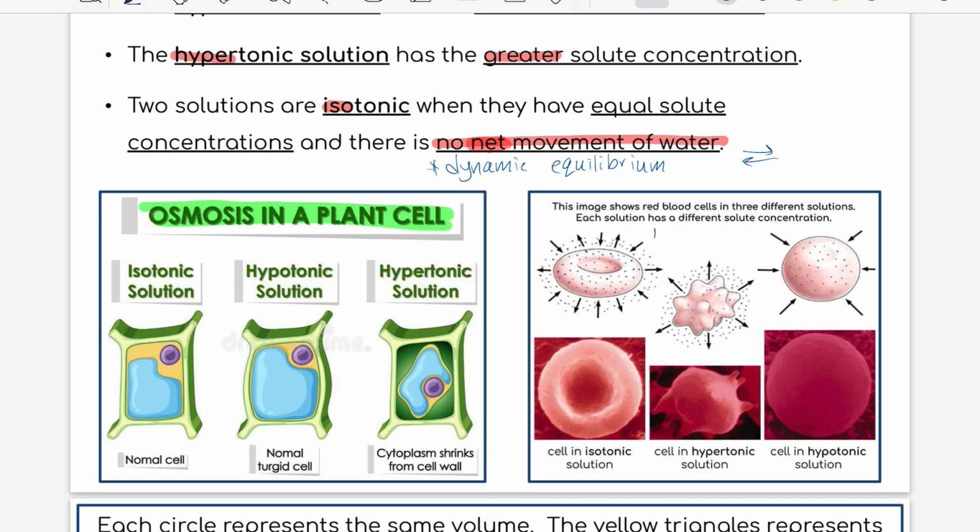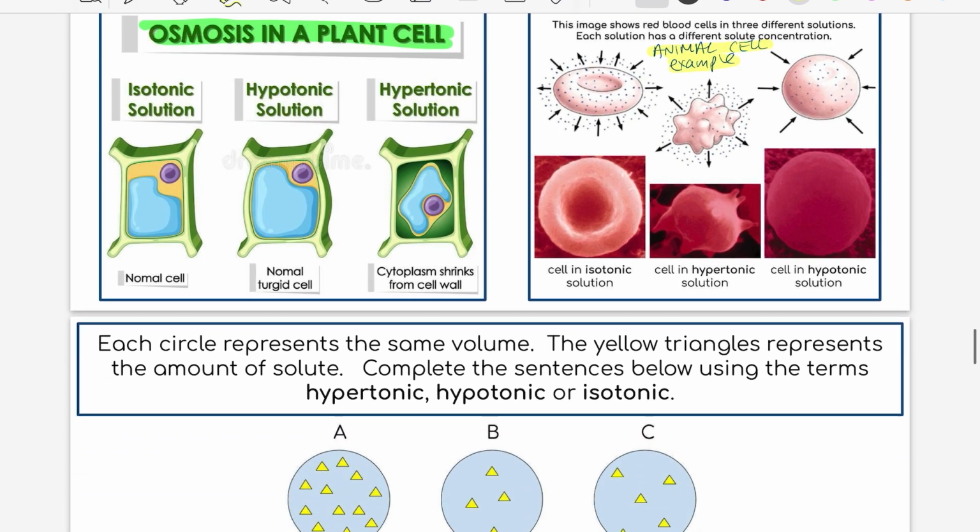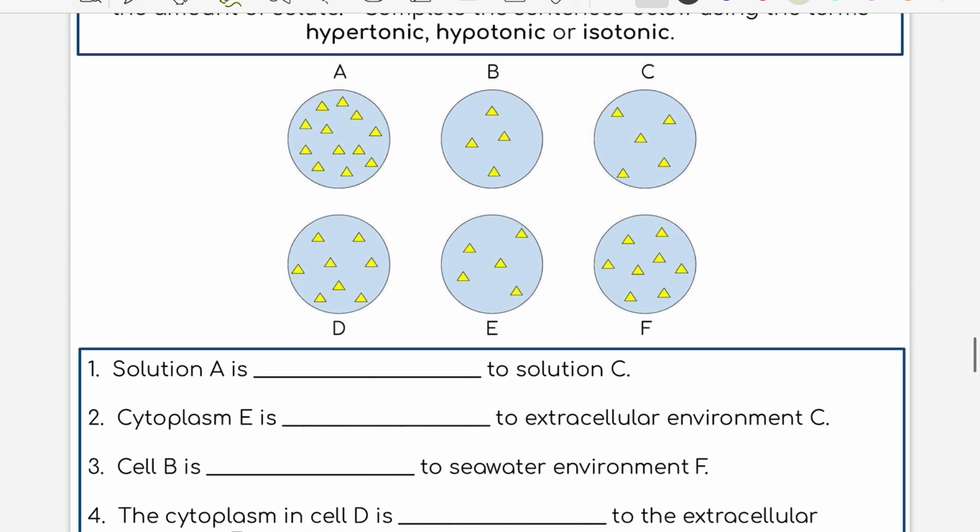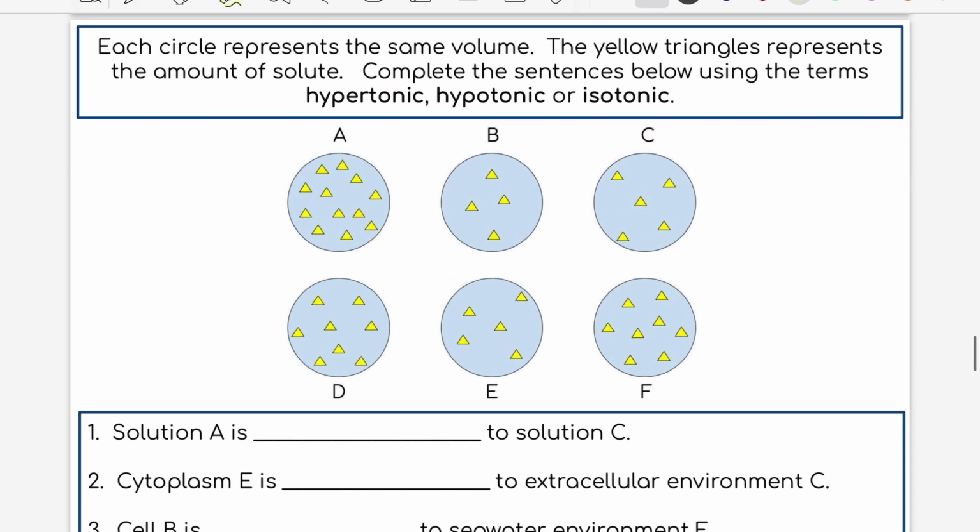So this is the animal cell example. Okay, so plant cells and animal cells, and we'll talk about that in a little bit. They behave a little bit differently.